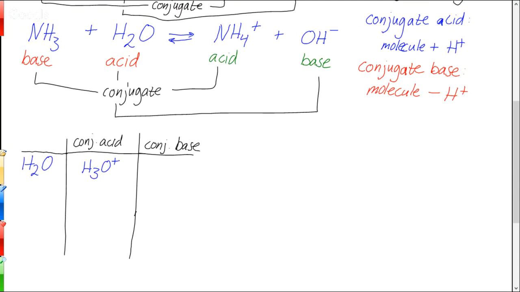For the conjugate base, we take away H and we take away a positive charge. So if we had H2O, which is neutral, and we take away an H, we get OH. But we also take away a positive charge, so it has to be OH minus. If you take away a positive charge from neutral, you get a negative charge.